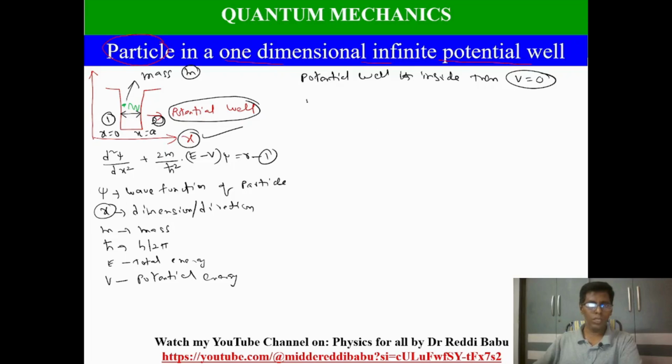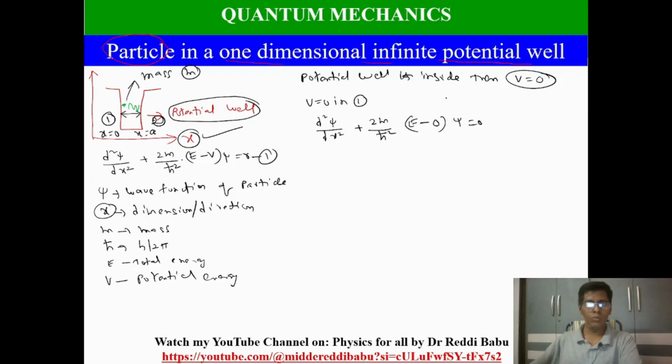Now you need to substitute potential energy V equal to 0 in equation number 1. What will you get here? d square psi divided by dx square plus 2m divided by h cut square into (E minus 0), in the place of potential energy I am using 0. Why 0?